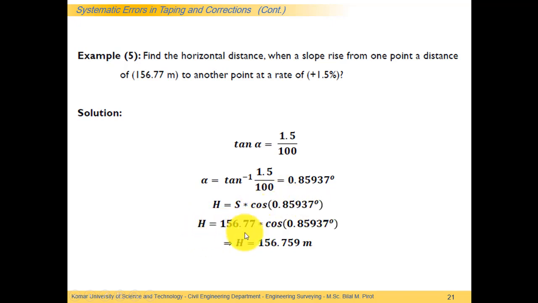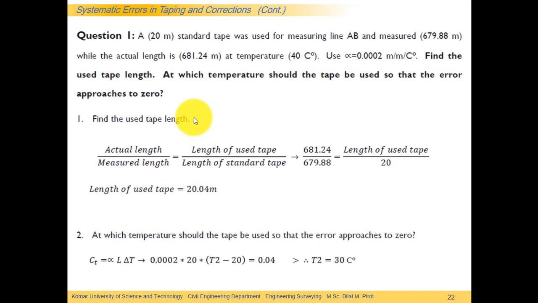So we can find h, that's equal to 156.759 meters. This was about the 5 types of corrections for the linear measurements.